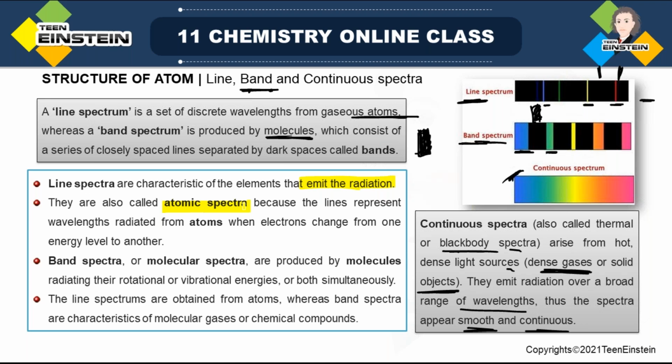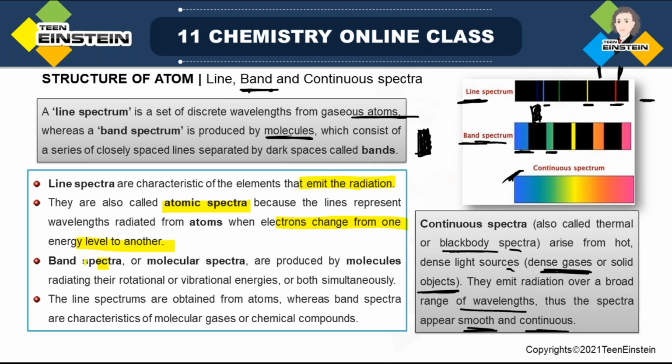And the reason is because the lines represent the wavelengths radiated from atoms when electrons change from one energy level to another. So it is a transition between two electronic energy levels. One is a high energy level, the other one is a low energy level, and when the electron is going from the low ground state to the high energy state, for this energy gap, the corresponding wavelength only you can see.